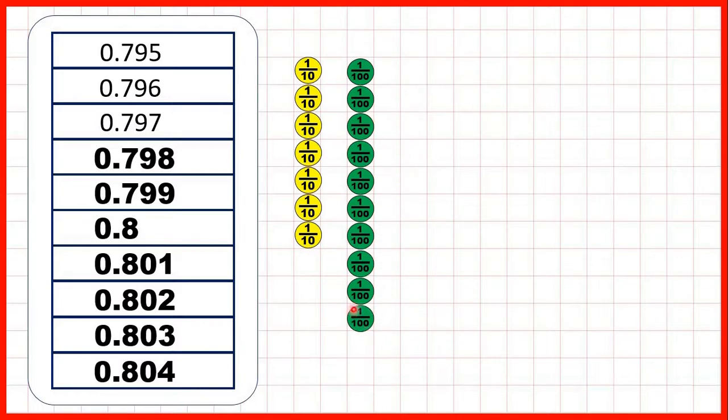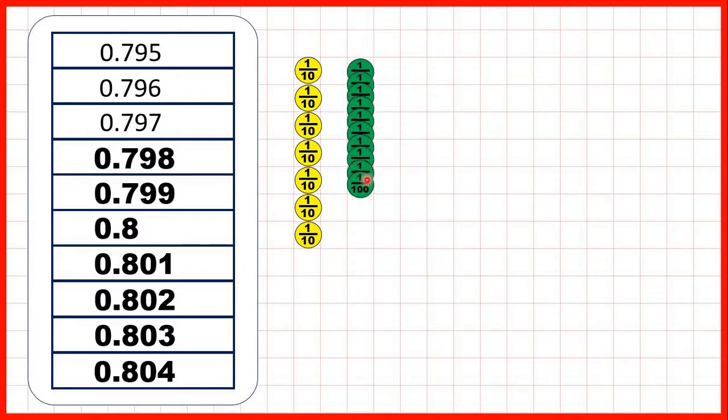So that means we have 7 tenths and 10 hundredths. But remember, if we've got 10 hundredths counters, we can exchange those for 1/10th counter, because 1/10th is the same size as 10 hundredths. So then we just have 8 tenths counters, so that's why we can just write 0.8.